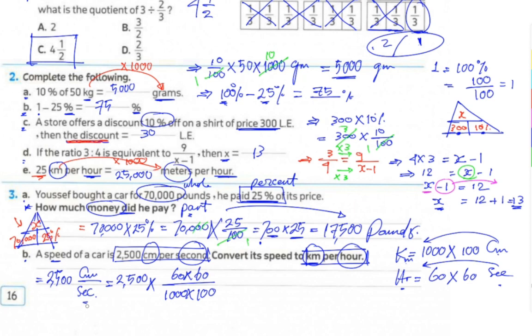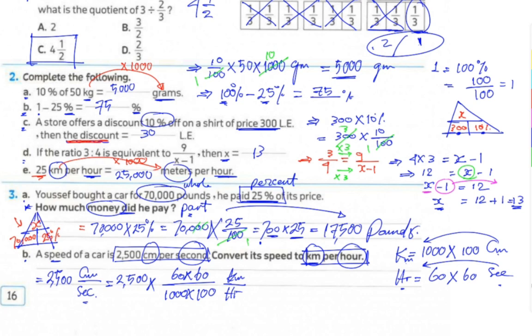Because second is in the denominator and I need to divide it. So second divided by 60 by 60, and centimeter divided by 1,000 times 100. That's okay. Now I changed it to kilometers per hour.